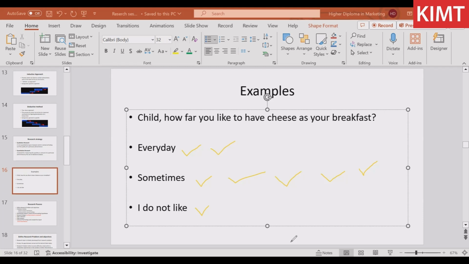So you basically put values, quantities, and then explain the answers. So this is one of the options. Okay, so this is the quantitative.